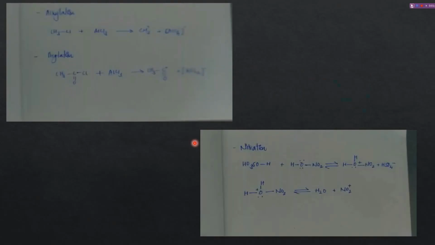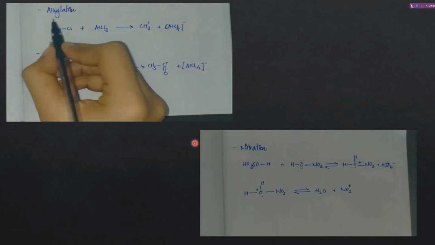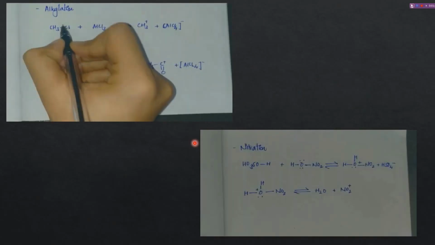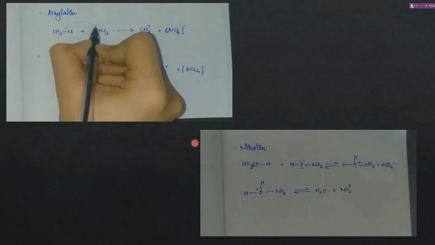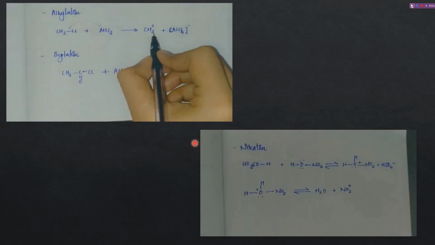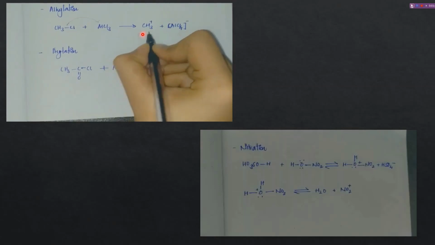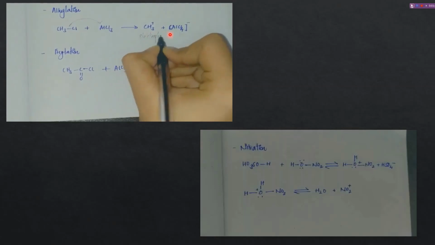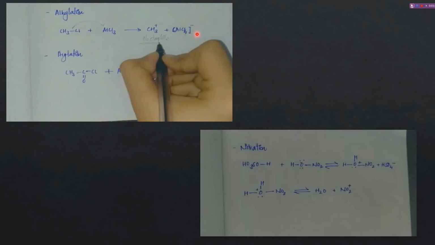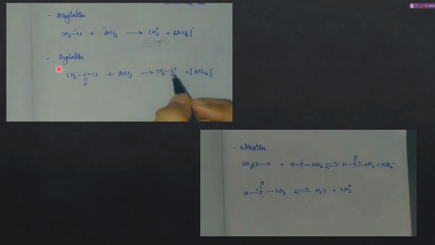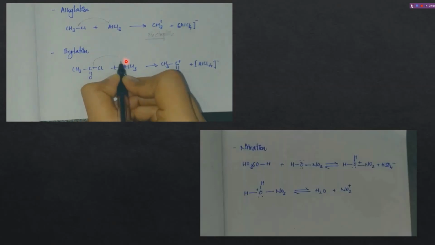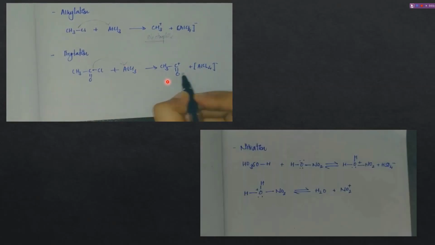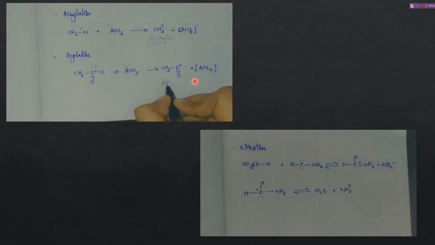Similarly, in alkylation, from CH3Cl the Cl minus is taken away by AlCl3 and hence the electrophile CH3 plus is formed, plus AlCl4 minus. Similarly, in acylation, the Cl bond breaks and the Cl minus is taken away by the Lewis acid and hence the electrophile is obtained.